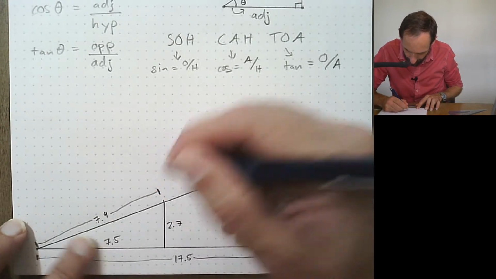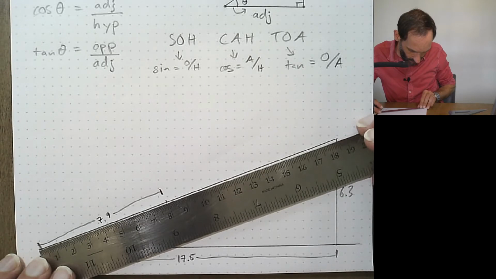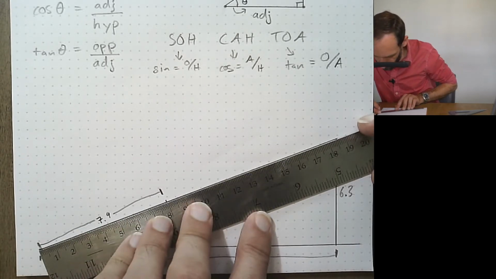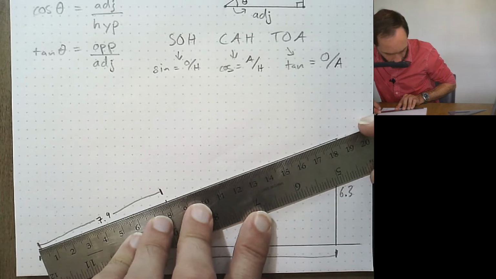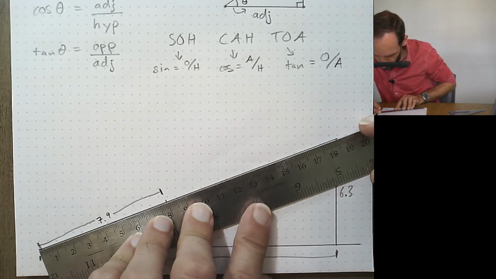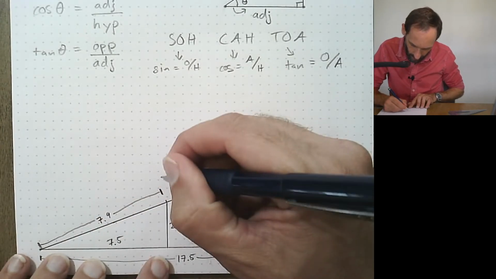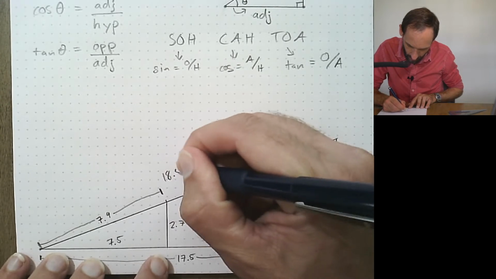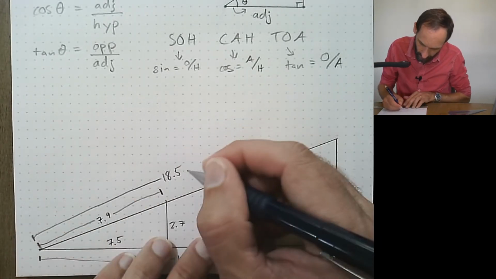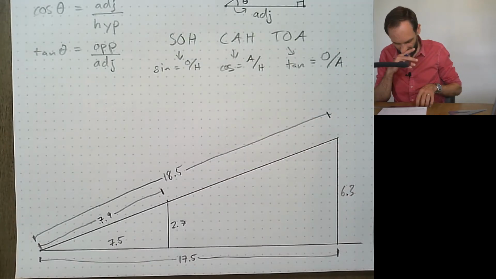And now let's find the length of the hypotenuse of the bigger triangle. All right, so now I come out to here, and it's kind of between 18.5 and 18.6. I think 18.5 is closer. So the large triangle has a hypotenuse of 18.5.